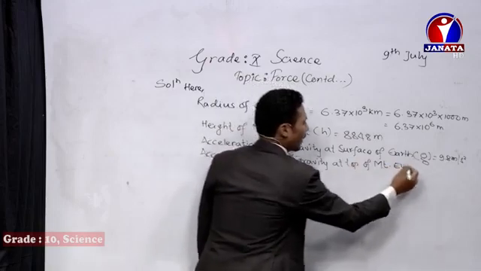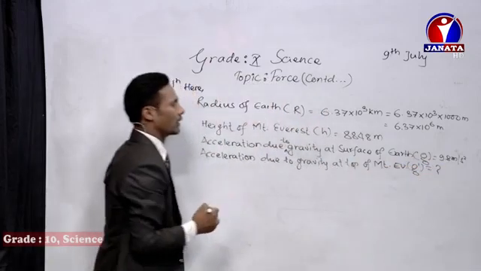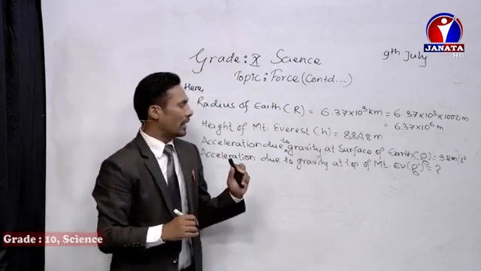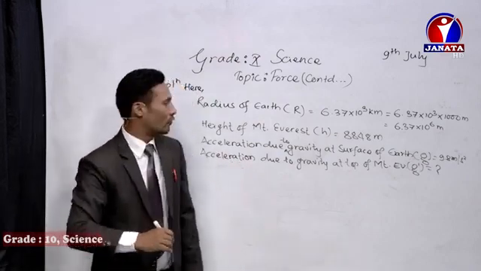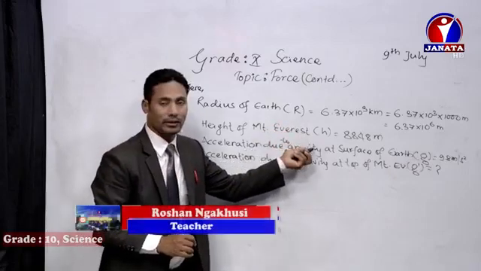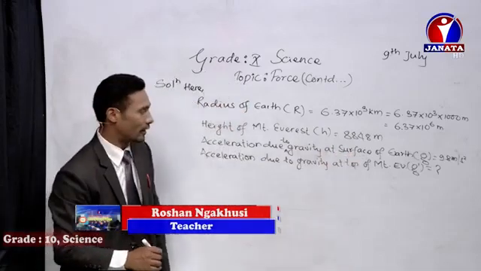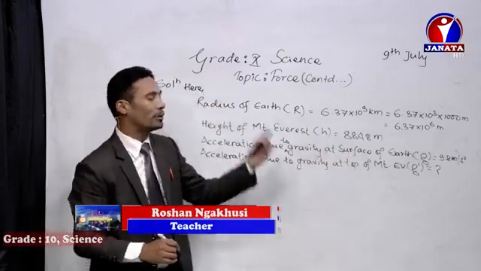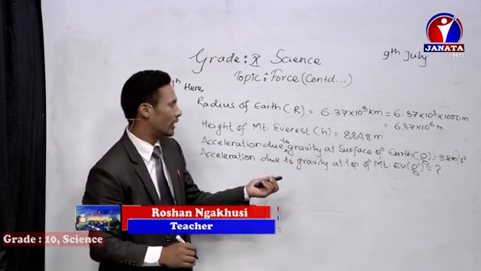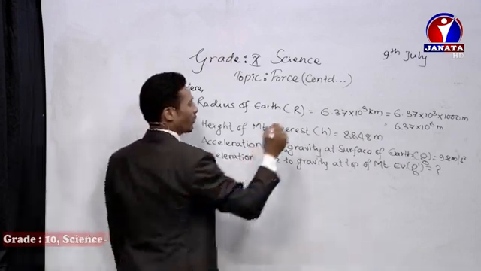The symbol I will write here, g dash equals what? Here the mass of the earth is not mentioned. Mass of earth is not given over there. Radius is given, height is given, and one more thing, the acceleration due to gravity at the surface is given. That's why whatever formula we have used previously may not be suitable over here, because the mass of earth is not given. That's why we have derived this formula also.